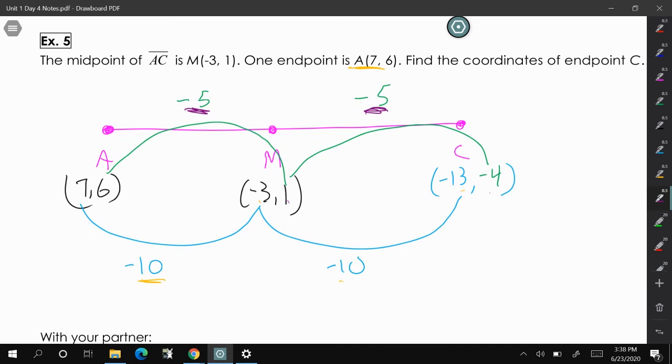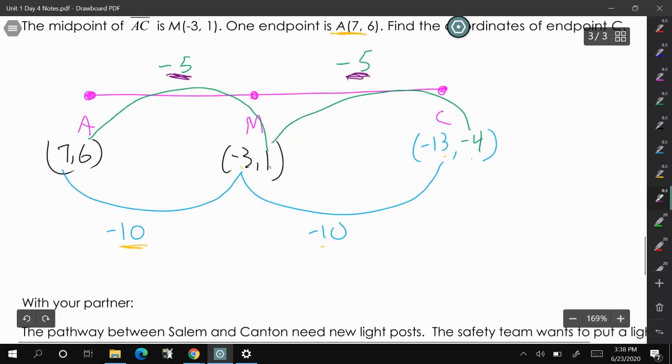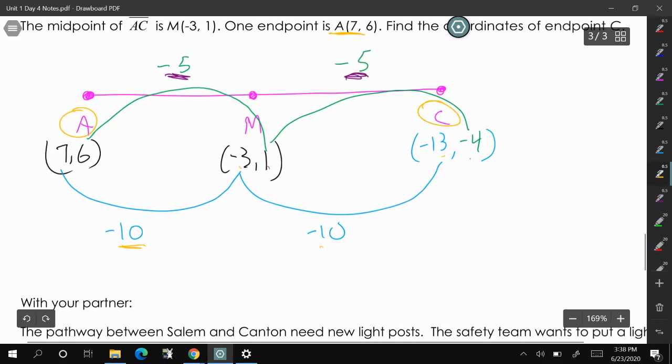Now, if you wanted to double check to make sure you did this right, if you use the midpoint formula with A and C, you should get M as the coordinates. If you look at 7 plus -13 divided by 2, you type that in the calculator, you will get -3, which is what we got here.